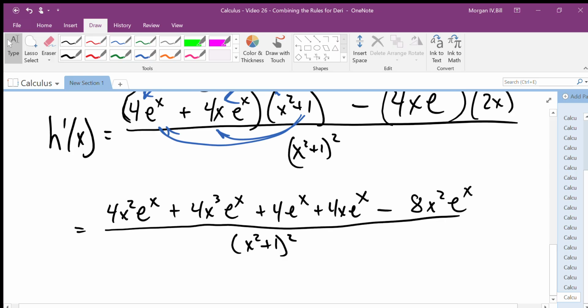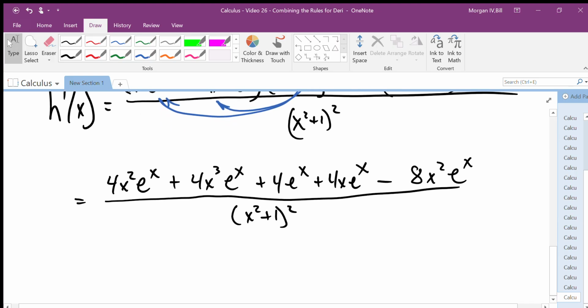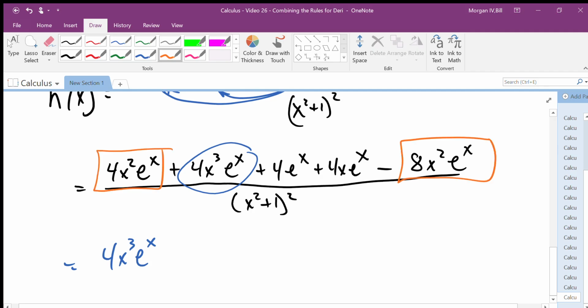Let's see if anything can combine here. The x term with the largest degree I'm seeing right here is this one. I have 4x cubed. I don't see any other x cubes around, so I'm just going to write that as 4x cubed e to the x. Okay, let's see. We have now a 4x squared e to the x and a negative 8x squared e to the x. So that would be minus 4x squared e to the x.